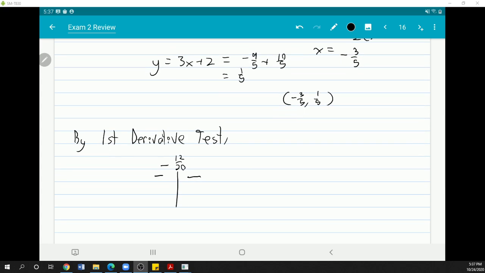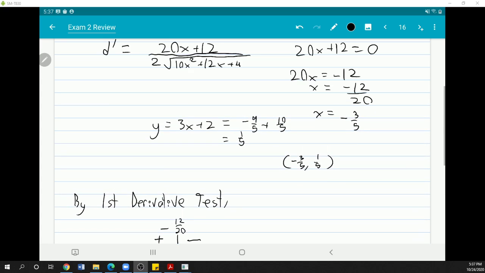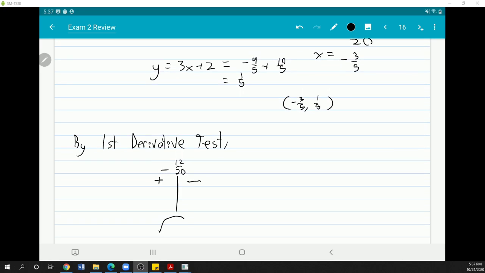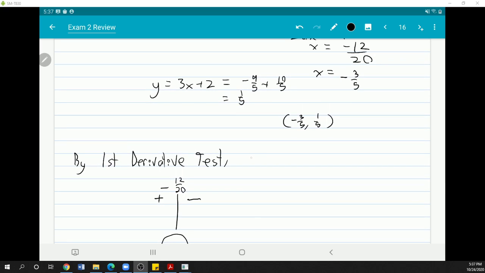If I plug in something smaller, I get a negative. That's because I have 20x plus 12, so this thing is increasing like this. So (minus 3/5, 1/5) is a local min. All right.